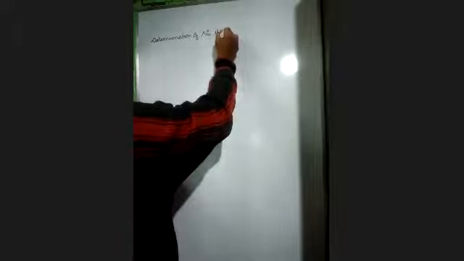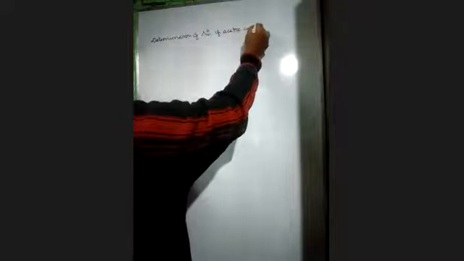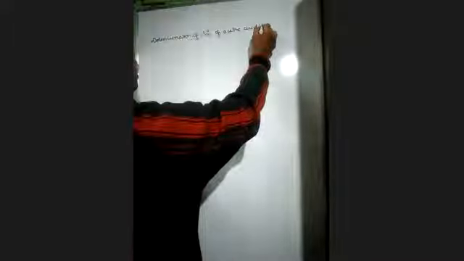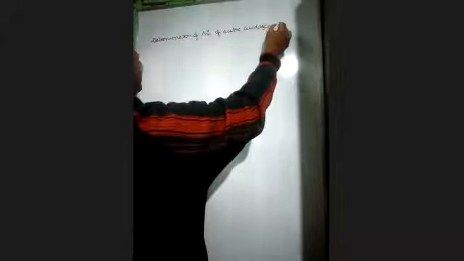So right now here, first we'll go with the example. Determination of lambda m0 of acetic acid, means CH3COOH.